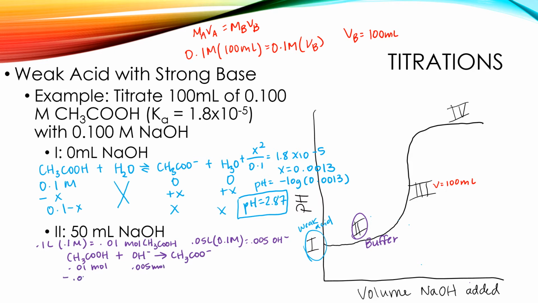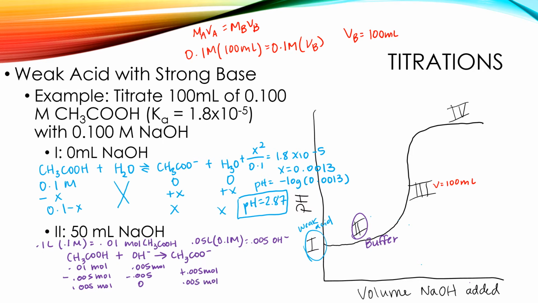Minus 0.005, because the strong base is going to be in a limiting amount since I'm before my equivalence point. Now I have 0.005 moles, 0, and 0.005 moles.